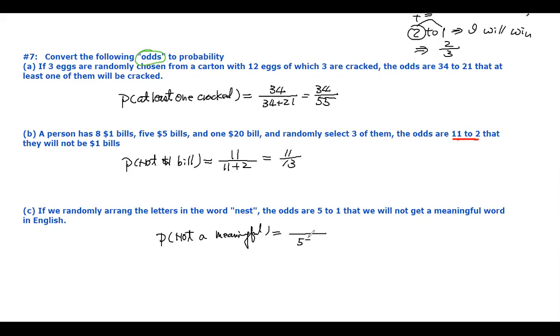So it's 5 plus 1, the 6. So it's 5 over 6. Right, so if the problem asks you what is the probability you will get a meaningful word, what will it be? 1 over 6, right? Not meaningful is 5 over 6, and so meaningful is 1 over 6.